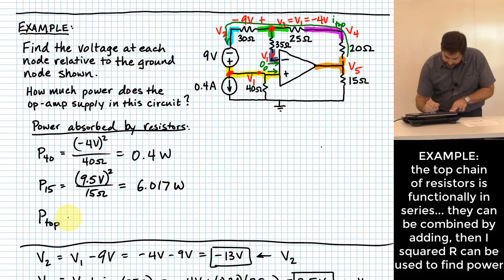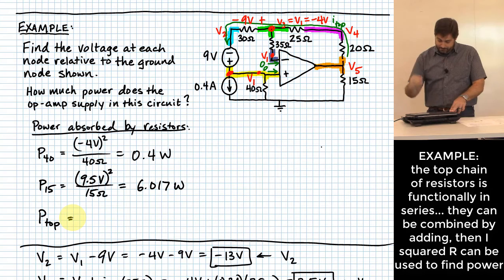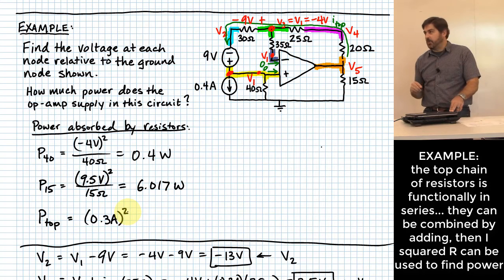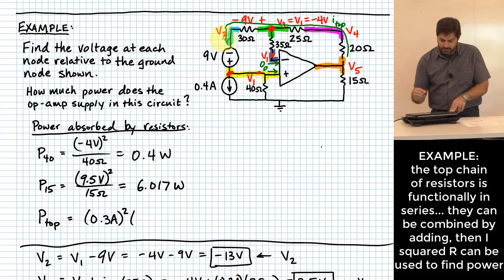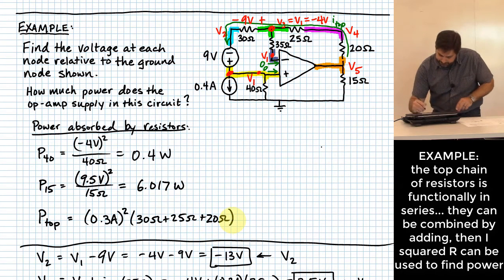Okay? And because I already know the current flowing on that upper leg, let me take that current, 0.3 amps, and square it and multiply by what? The equivalent resistance of that series of resistors, right? So that would be 30 ohms plus 25 ohms plus what? Plus 20 ohms.